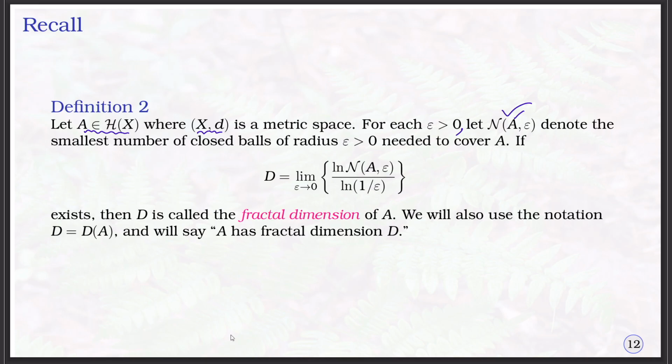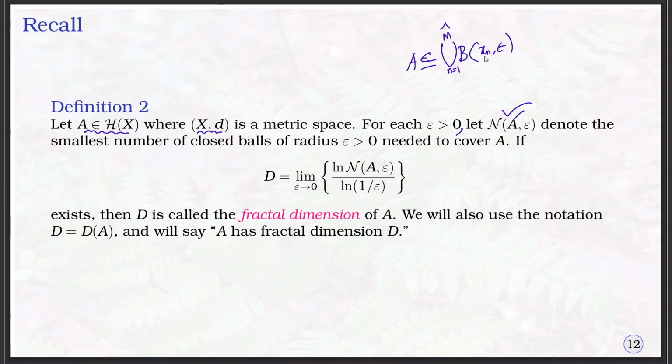As we mentioned, we are covering the set A by the closed balls B of x n comma epsilon, where n equals 1 to m cap. That means A is a subset of this cover.